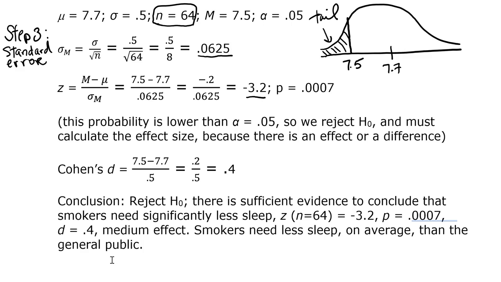So we're dealing with a negative number, but don't despair because remember, with a normal distribution, whatever happens on one side of the distribution is the exact same thing that happens on the other side, right? So we're going to be looking up the probability for a z of 3.2 or negative 3.2, but in this case it's going to be 3.2.